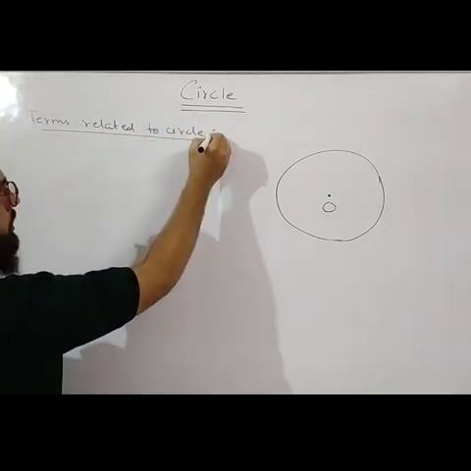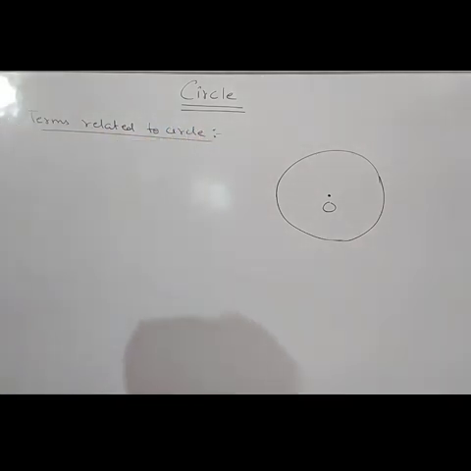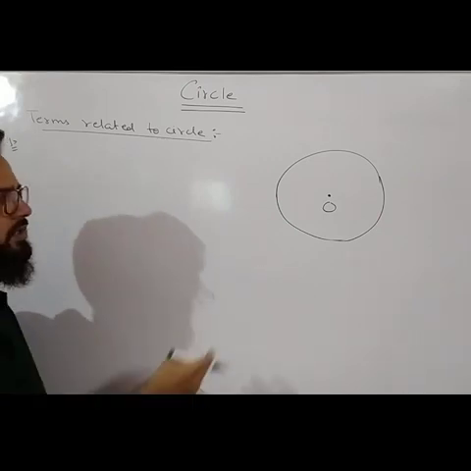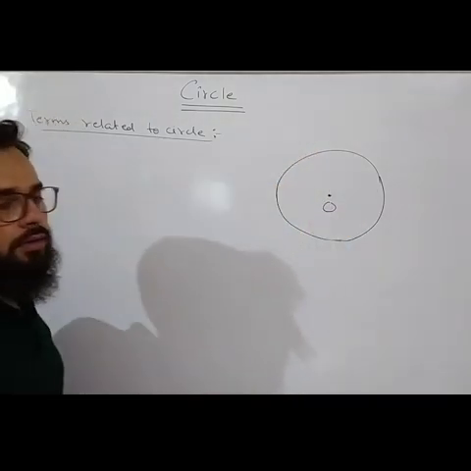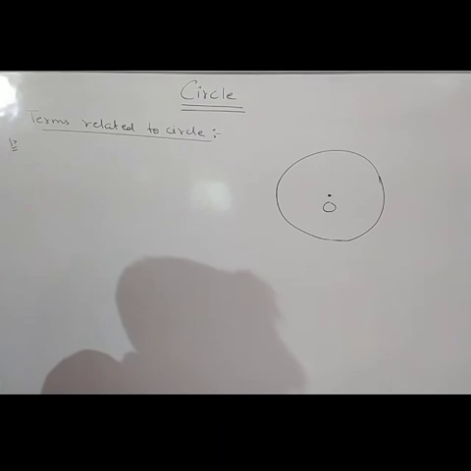The first term which is related to circle is radius. We have already discussed what is radius. The distance between the fixed point and the locus of the point is called radius.